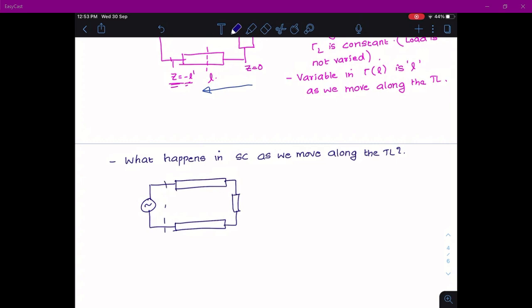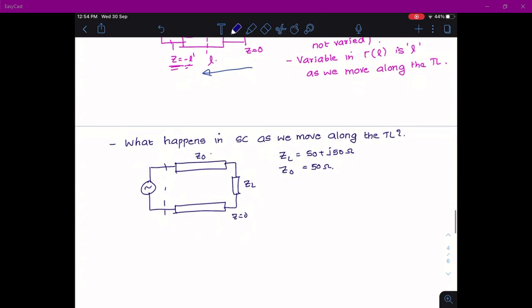So this is Z equal to 0, ZL, Z0. Let's say ZL is equal to 50 plus j50 ohm, and Z0 is equal to 50 ohm.